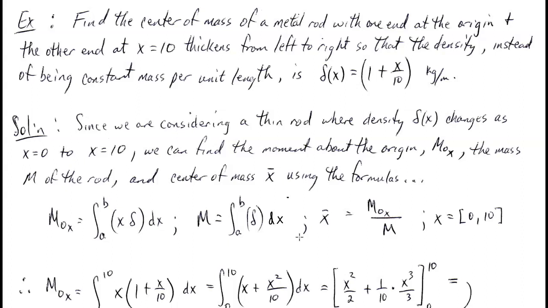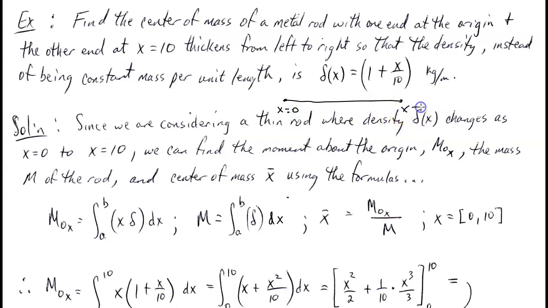And we see from right to left the thickness of it, so that the density of it changes as it goes from right to left. So we have a rod, it's kind of looking like this, from x equals 0 to x equals 10.